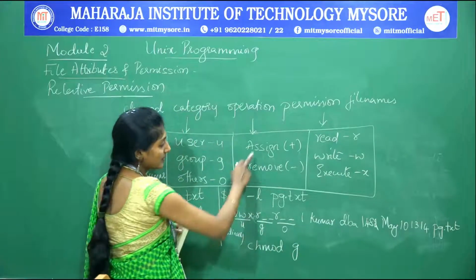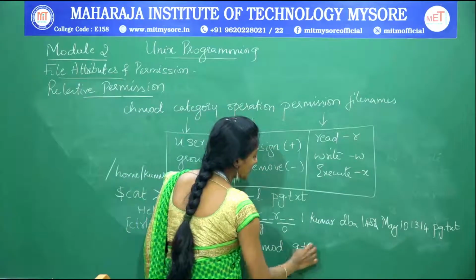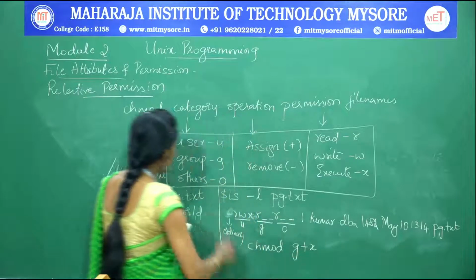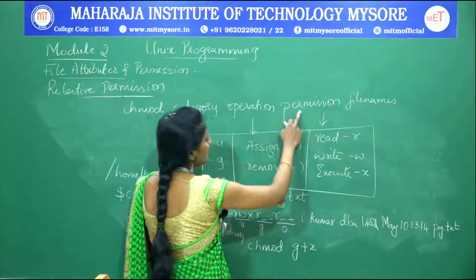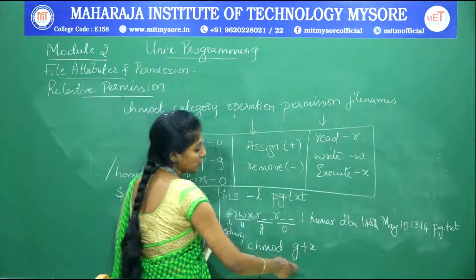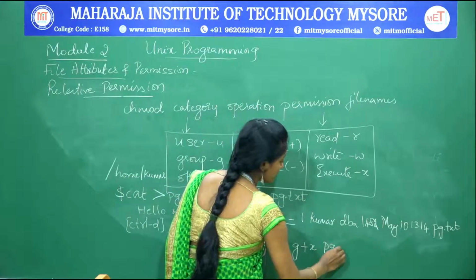What is the operation, assign or remove? I have to assign. What permission? Executable permission. Plus is assign, and execute permission is abbreviated as X. So g plus x: the permission is x, the operation is plus, and the category is g, then the file name. Which file do I want to provide? That is pg.txt.